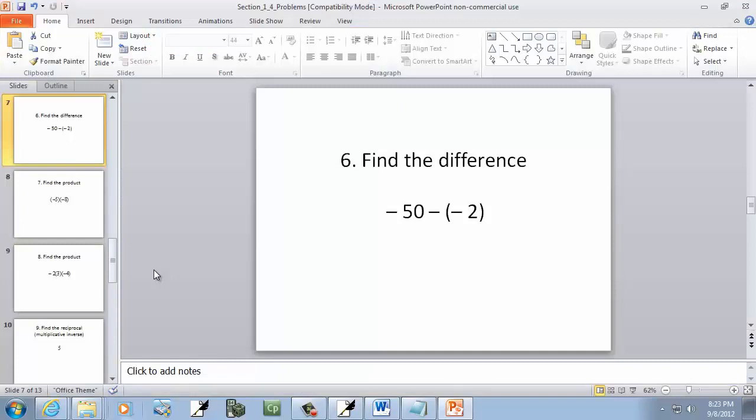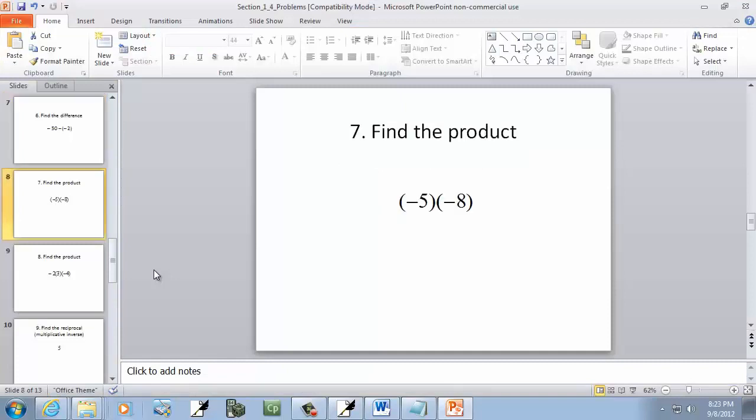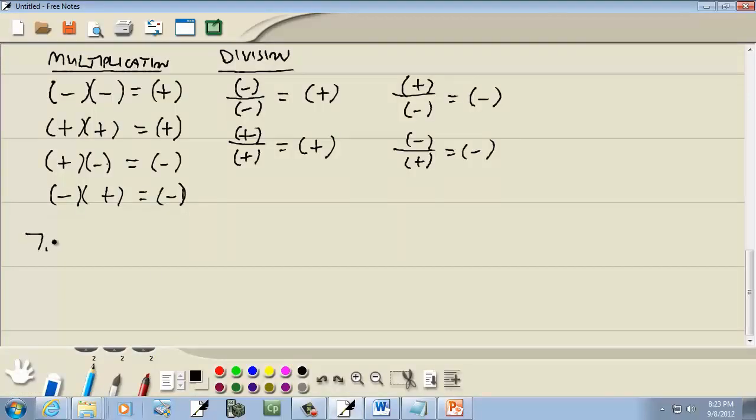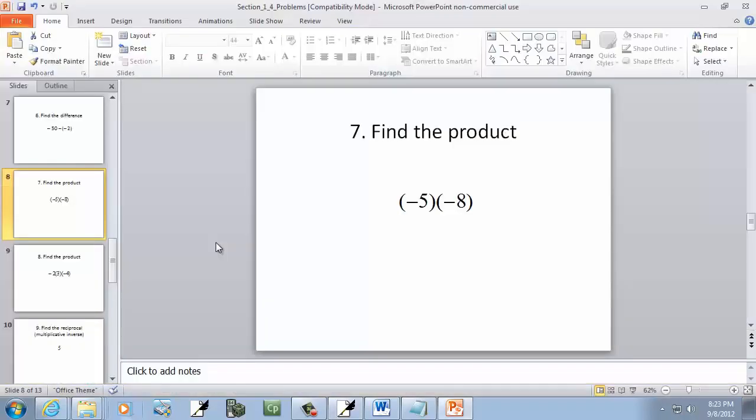So let's look at some problems. We got negative 5 times negative 8. Now to begin with our sign, a negative times a negative is a positive, so we know what that's going to be. And 5 times 8 is 40. So our answer would be a positive 40. Let's look at another one.